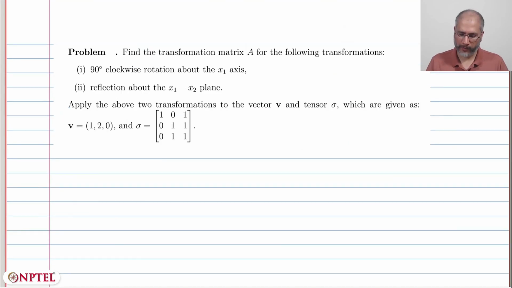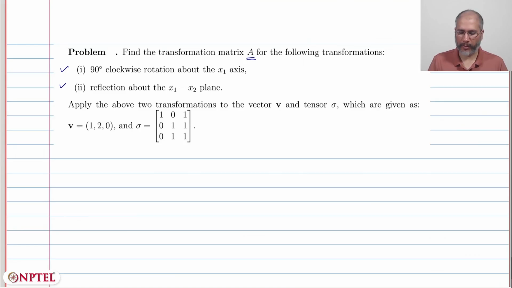So here is a problem. The problem says that we have to find the transformation matrix A for the following transformation. We have two parts, part 1 and 2. The first part is a 90-degree clockwise rotation about the x1 axis, and the second part is reflection about the x1-x2 plane.